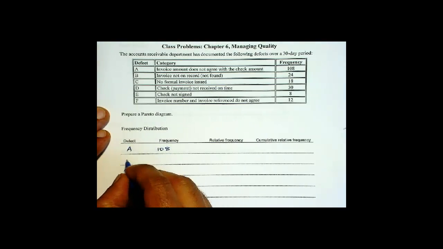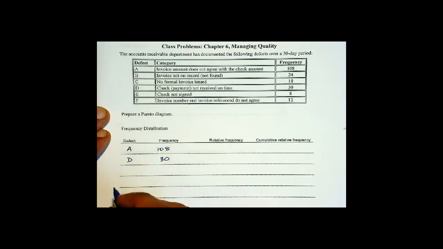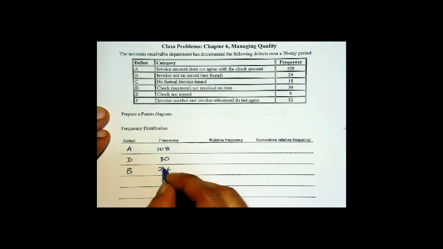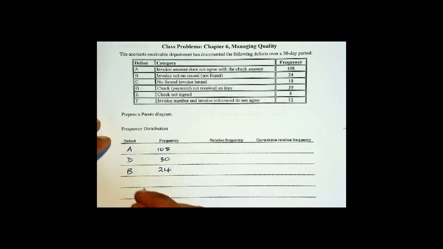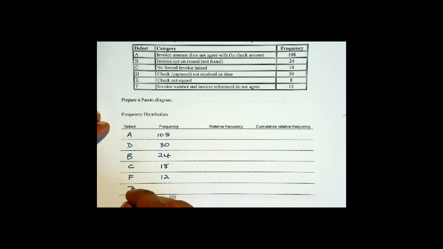Then the next largest is D, and that is 30. And then it is B with 24. And then C with 18, and then F with 12, and finally E with 8.